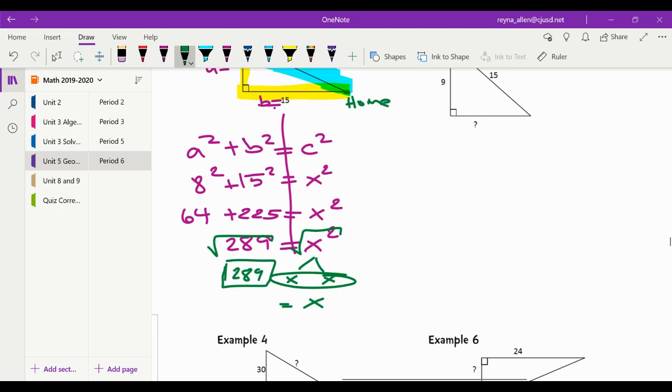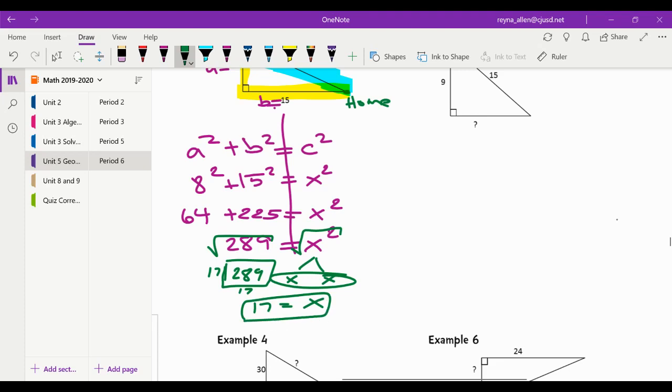That's 169, too small. 14 times 14, no, does not work. 15 times 15, 225, we're getting closer. 16 times 16, 256, okay, better. 17 times 17, 289, there we go. So this has a side length of 17. Okay, so we will say x equals 17.